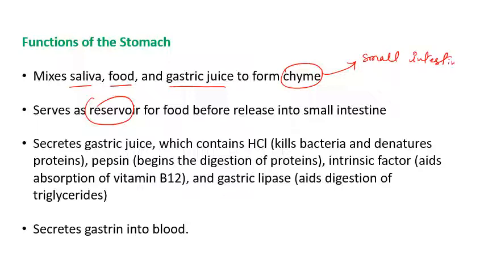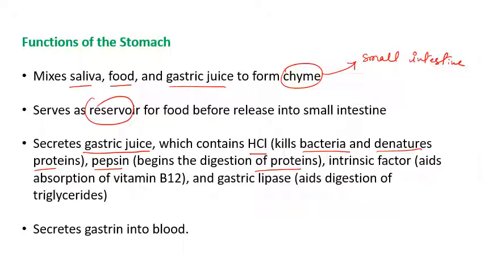The third function is that it secretes gastric juices which contain HCl, and this HCl kills bacteria and denatures the proteins, and it converts pepsinogen into pepsin, which helps in the partial digestion of protein.